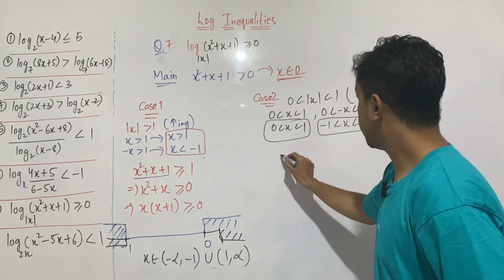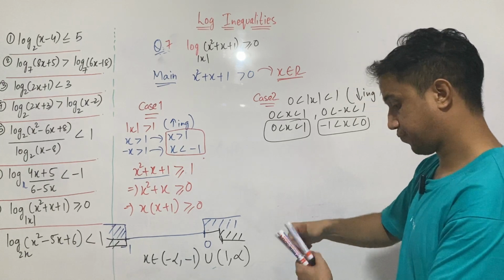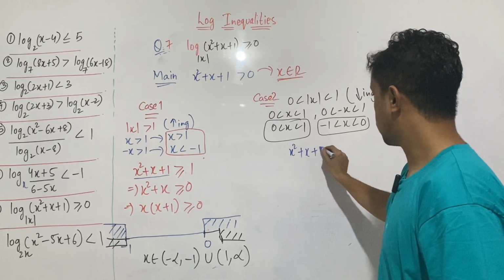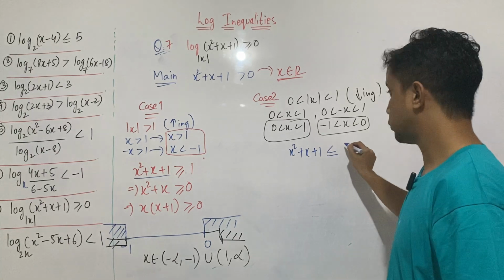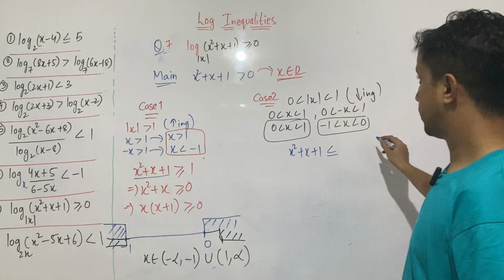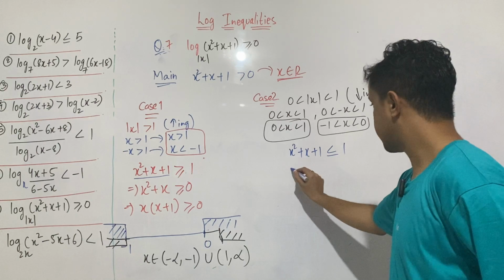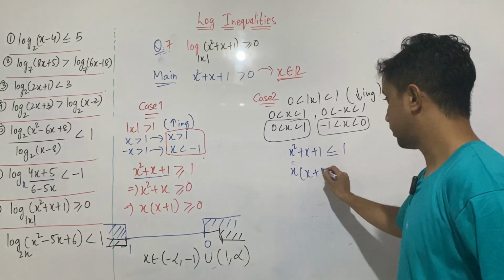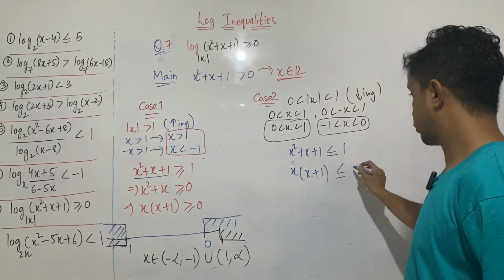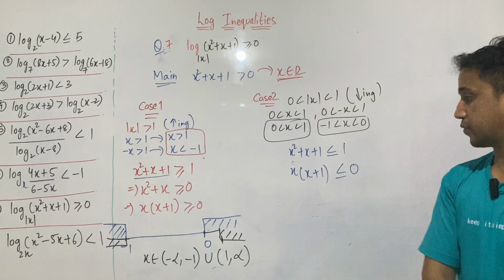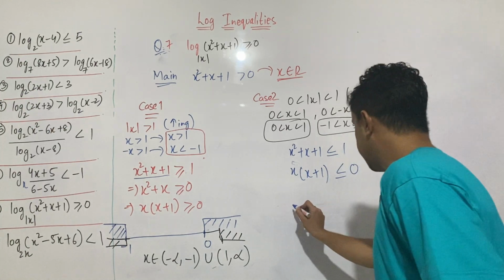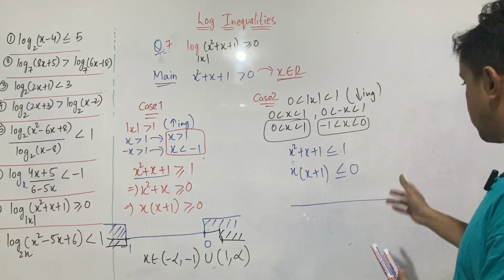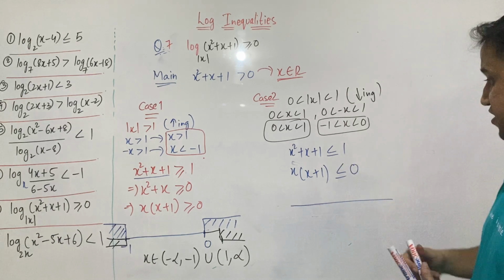So here x squared plus x plus 1 is less than 1, and the factors are going to be x times x plus 1 less than 0. Less than means that you have to look for the negative values.